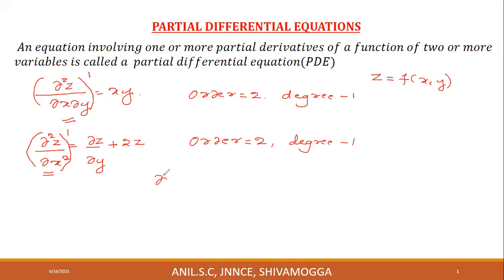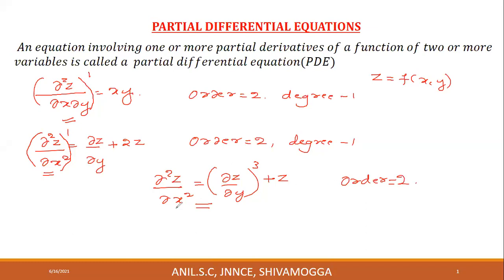Next, one more equation. Say del square z divided by del x square is equal to del z by del y whole cube plus z. This is also a partial differential equation. What is the order of this differential equation? 2.